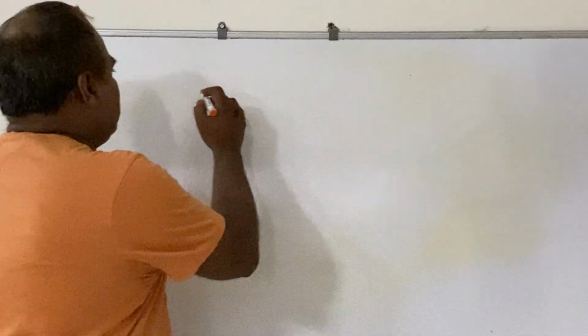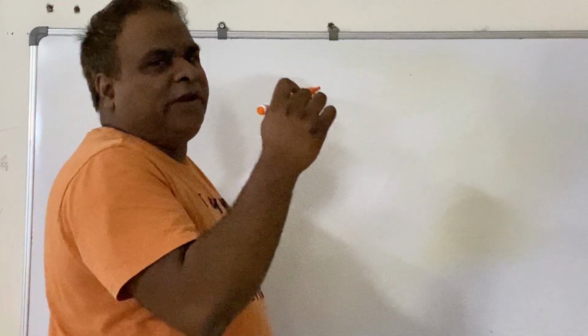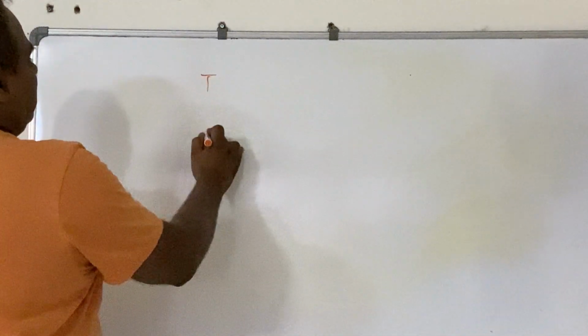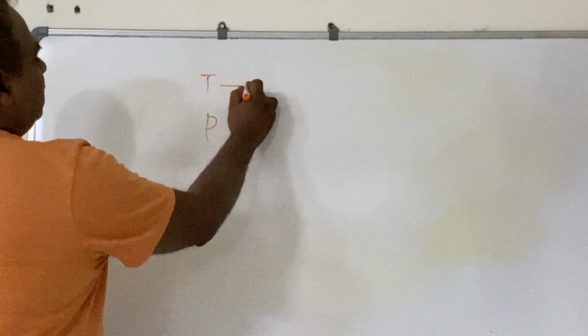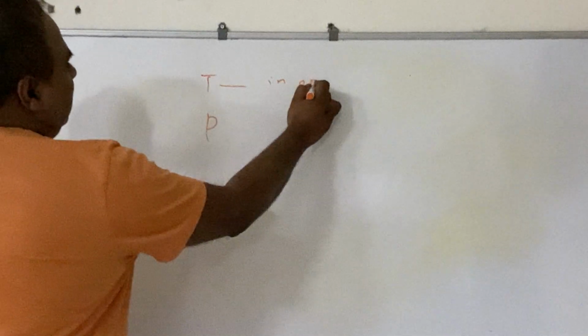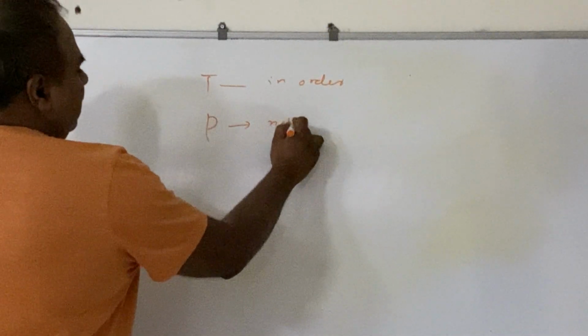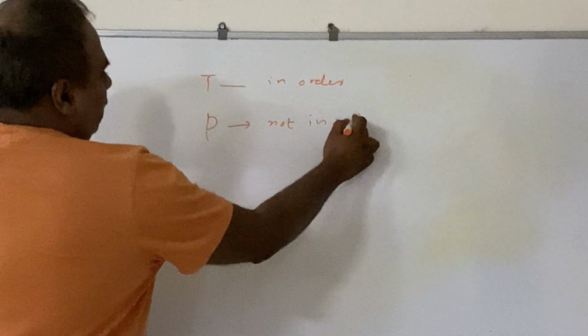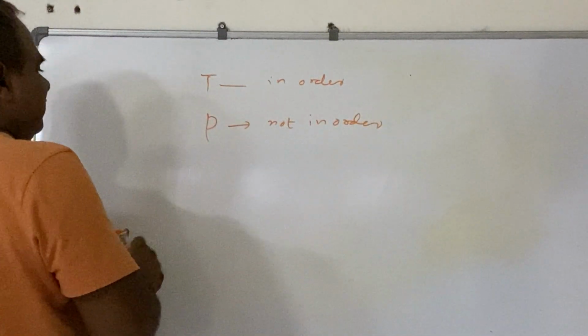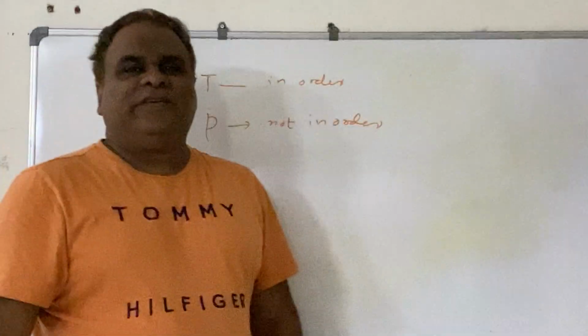So there are two laws we discussed: one is the triangular law, another is the parallelogram law. If both of them are in order, triangular law; if they are not in order, parallelogram law. These two points we discussed.